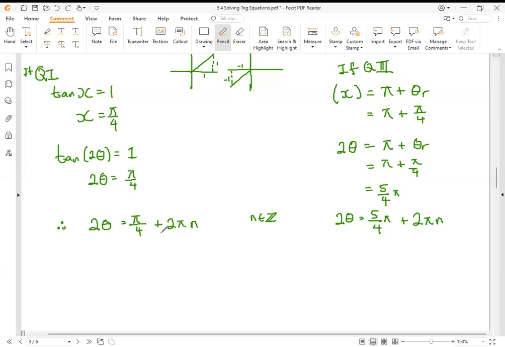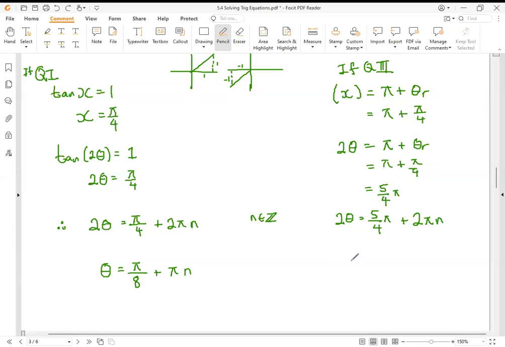But here's the magic of it. After you solve all the angles, if you divide everything by 2 to get the angle all alone, pi over 4 becomes pi over 8. And I repeat with the appropriate cycle. I'm repeating every pi because that makes sense. I have transformed it, and one cycle is half of what it was before.